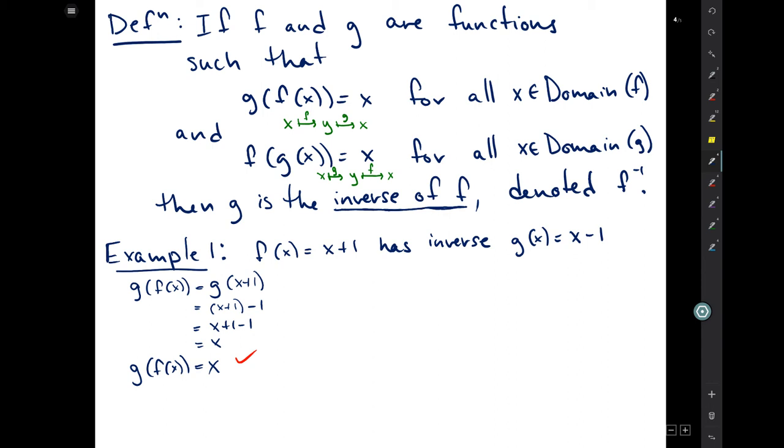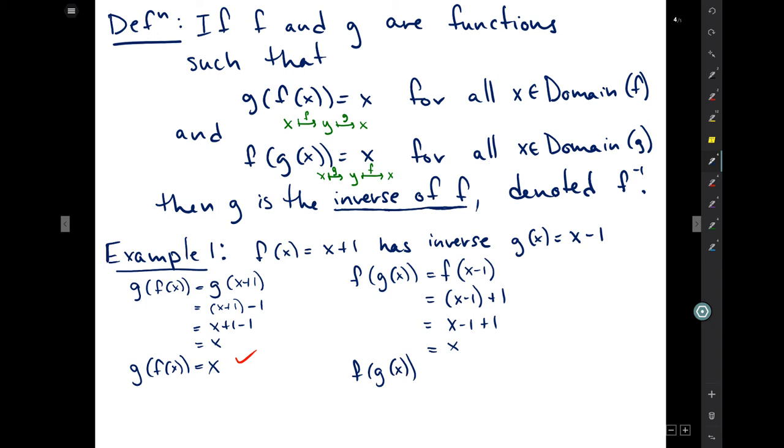I want the other half of the definition, f of g of x. So I take f and I stick in the function x minus 1. And my rule f says I take my input, x minus 1, and I add 1 to it. So now, if I simplify that, I have x minus 1 plus 1. That simplifies to x, and so overall I have that f of g of x is equal to x as well. So these were the two parts of the definition that we need.